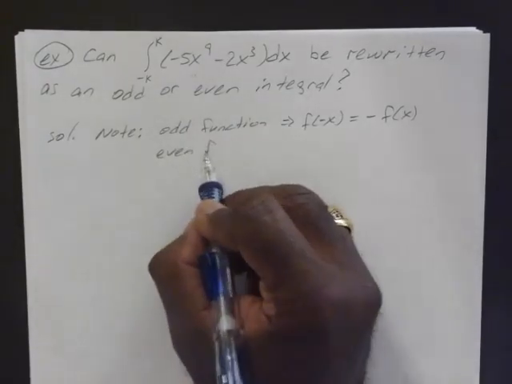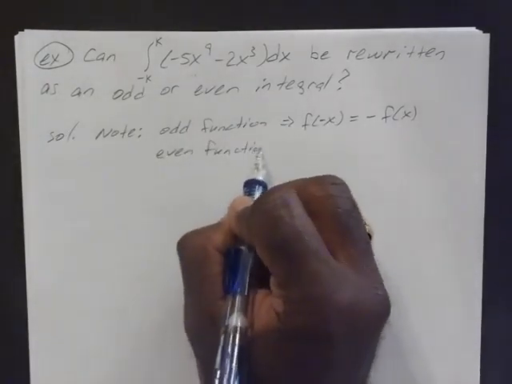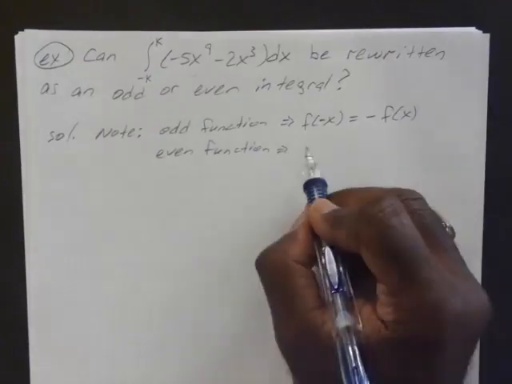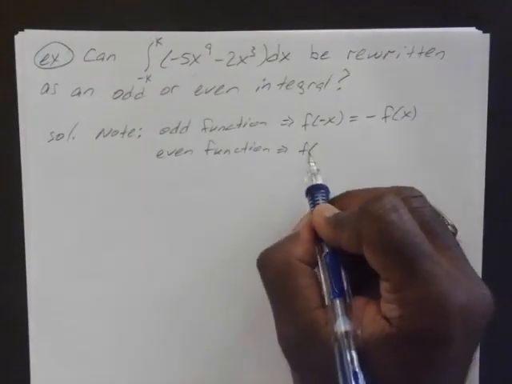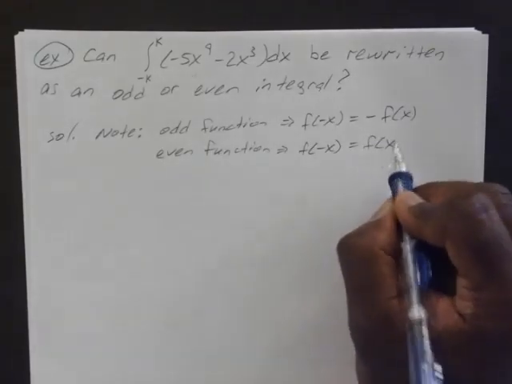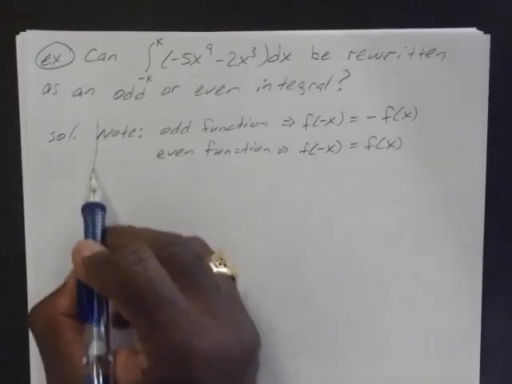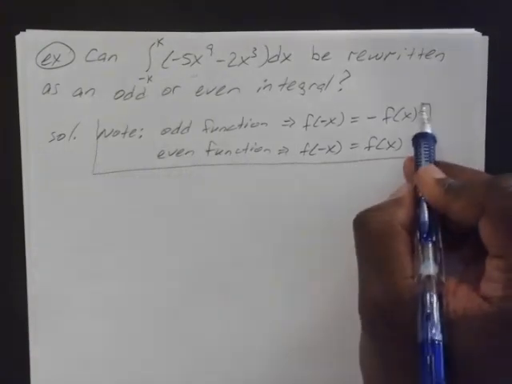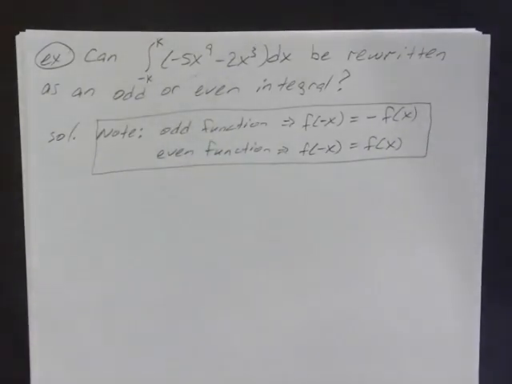And if it's an even function, we replace x with negative x, we just get our original function. So either way it goes, we're going to have to replace x with negative x.